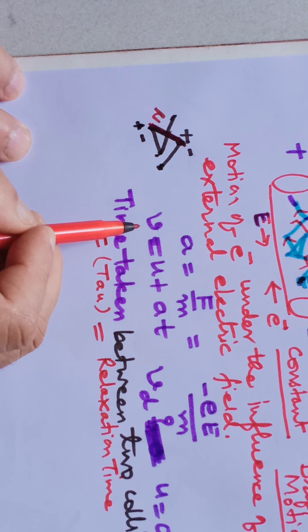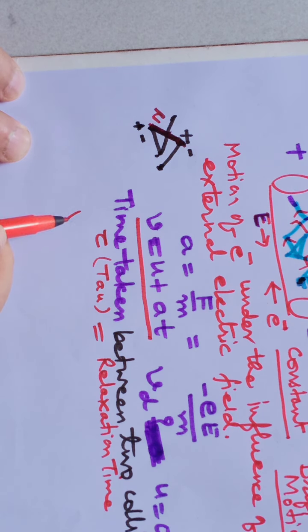So now we apply this equation. So Vd is equal to u, and u is equal to 0 here, and a is the acceleration we have calculated, and tau is the relaxation time.